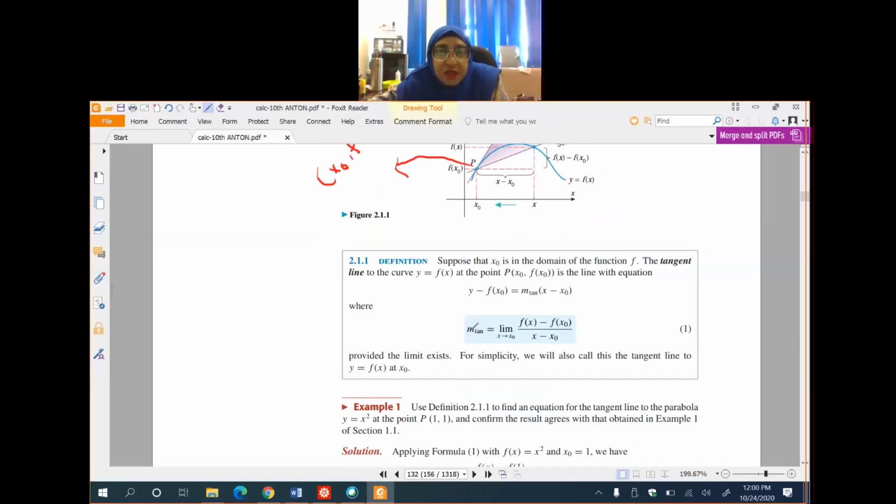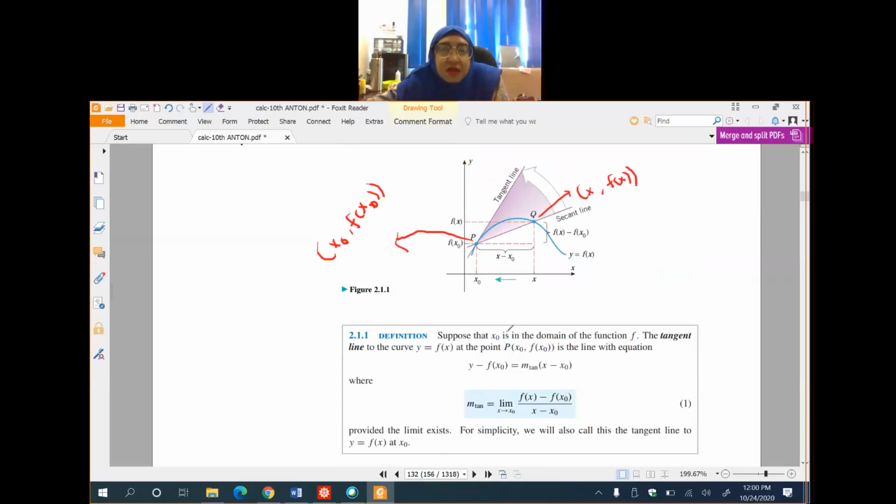And tangent, as the limit x tends to x naught. We get the limit x tends to x naught because we know that our point Q is moving towards the point P. So let's say you have Q here and this is P. If it's moving toward P, it means that our x, which is the coordinate of Q, is moving towards x naught.